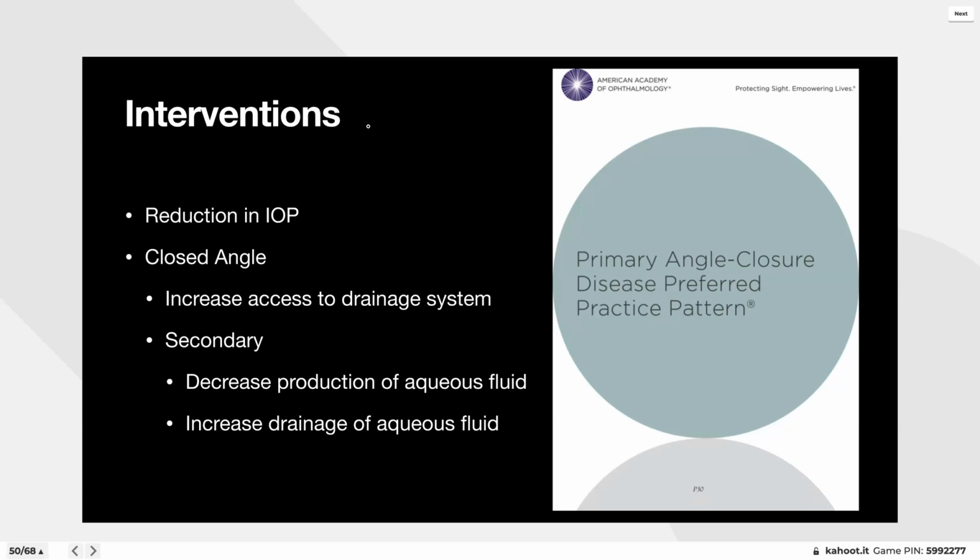And if we can increase the access to the drainage system, the hope is that the drainage is actually normal and that pressure should decrease. However, sometimes that's not enough. And so if we can't simply increase access and the pressures don't come down enough, then we start thinking about decreasing the production of fluid or increasing the drainage of fluid in other mechanisms. That's not the normal pathway.